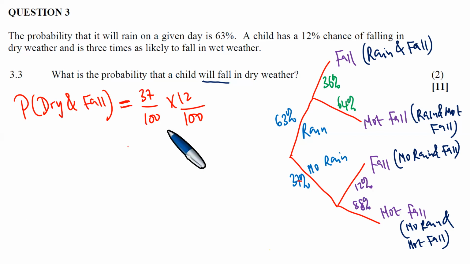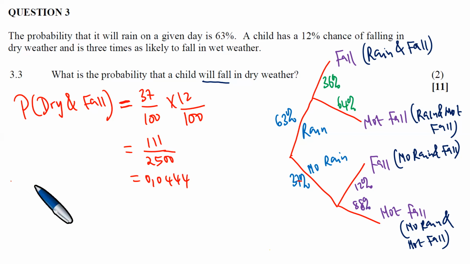I said this is recorded, so in case your network is bad, please know that the video is going to be posted. If you multiply everything here, it is 111 divided by 2,500, which is 0.0444. This becomes the probability of dry weather and falls down.